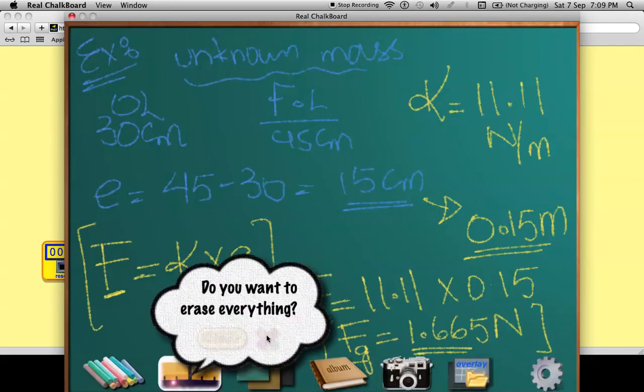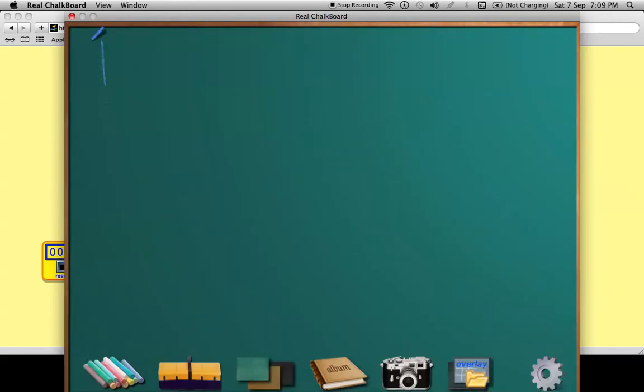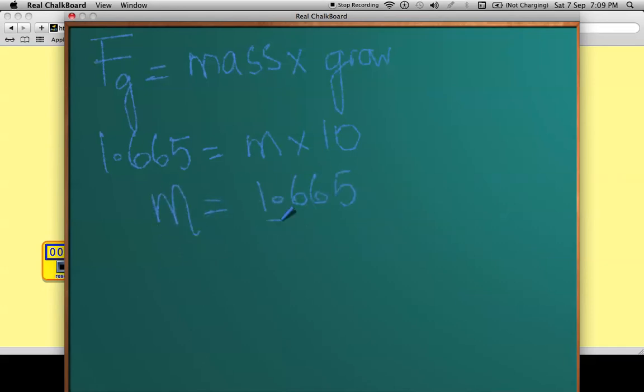But we have to find out the mass of that object. So we know our formula to find the mass when we know the gravitational force, we can simply use this formula. So gravitational force is 1.665 equals mass times 10. So mass would be 1.665 divided by 10. This would give me 0.1665 kilograms.